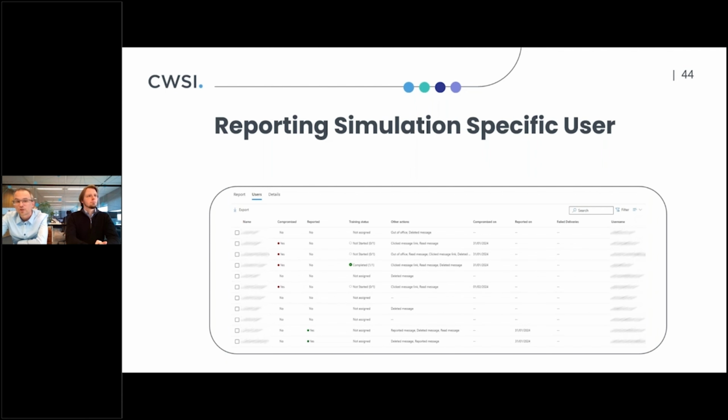But in the end, if somebody clicked the link, you want to know if they follow the assigned training, for example. So there are quite some details on user level to see in this reporting as well. Because in the end, when somebody is compromised, you want somebody to have a training assigned, but to finish this training as well, to upskill their knowledge.